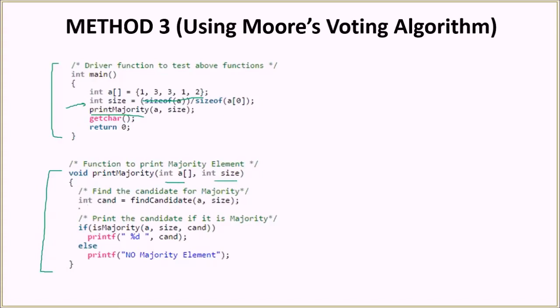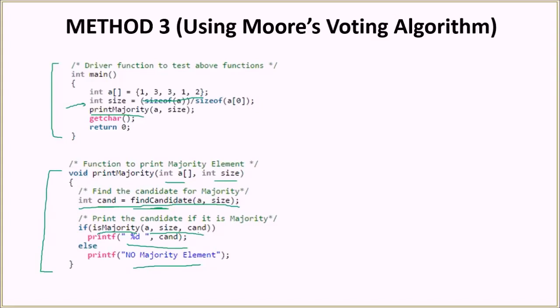We first of all find a candidate by calling the function find candidate. Once we get that candidate, we check if it's a majority element. So here we pass the array, the size of the array, and the candidate. If it is the majority element, we print that element. Otherwise, we print saying there is no majority element.